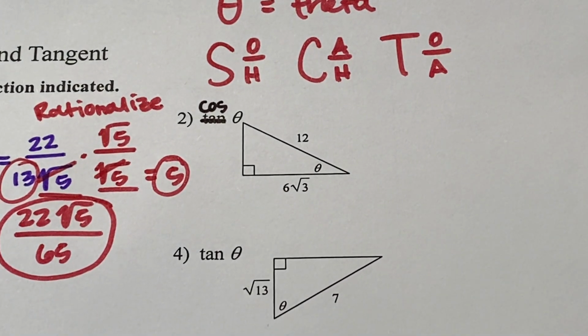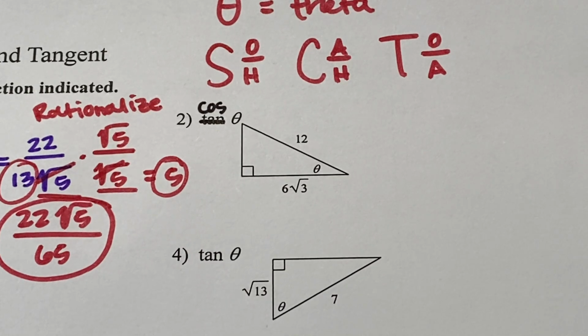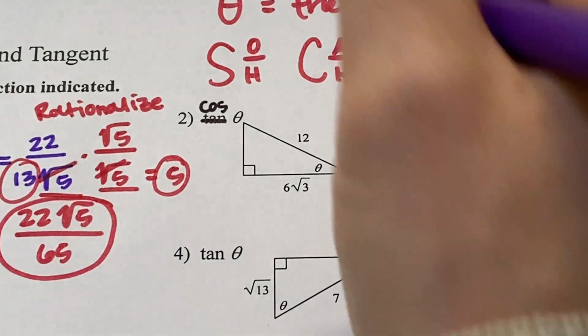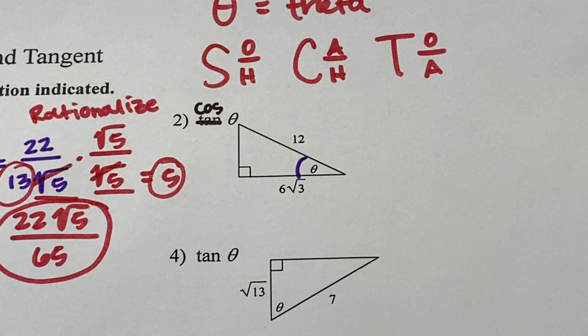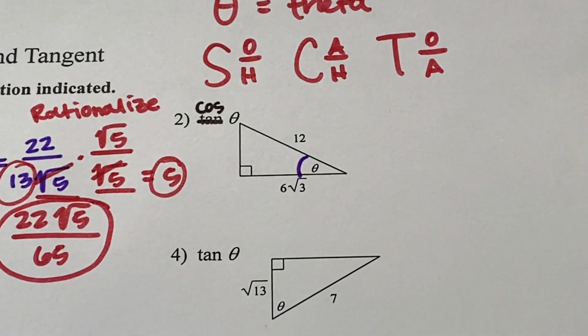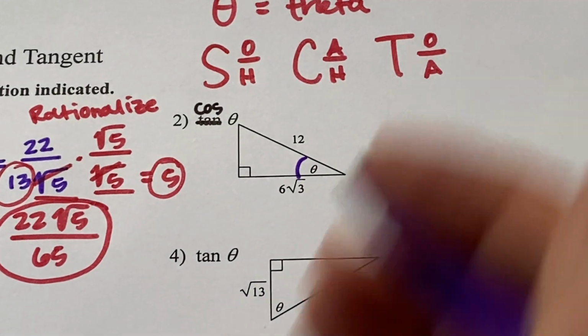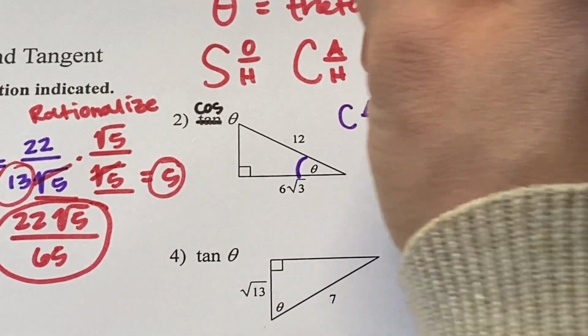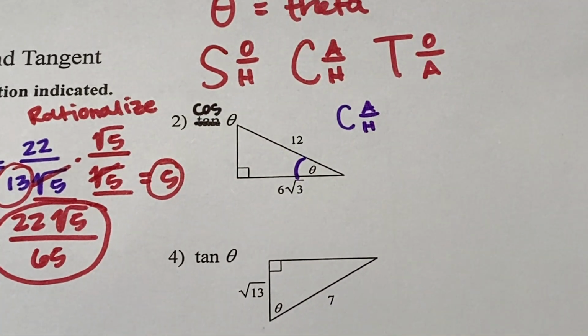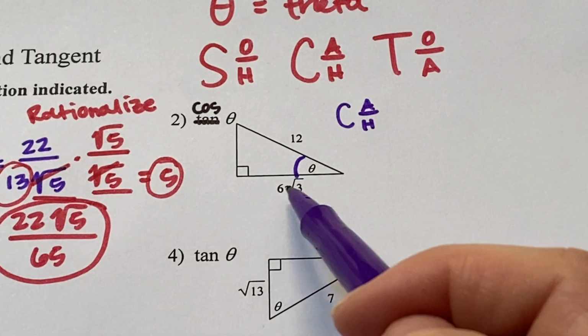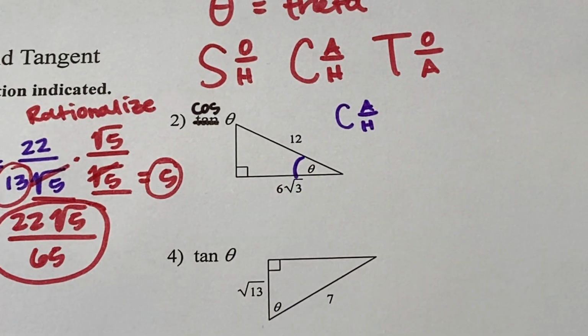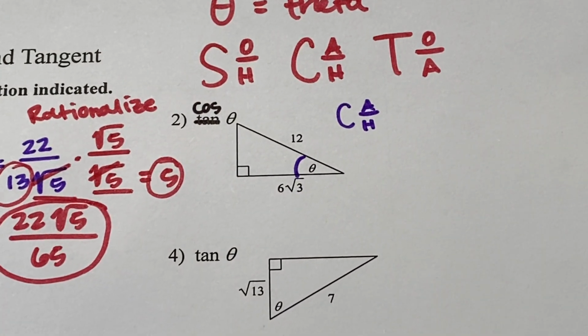Again, we're just standing at theta. Now that I changed it to cosine of theta, we need adjacent and hypotenuse. But which is which? Out of 6 root 3 and 12, which is my adjacent side and which is my hypotenuse side?